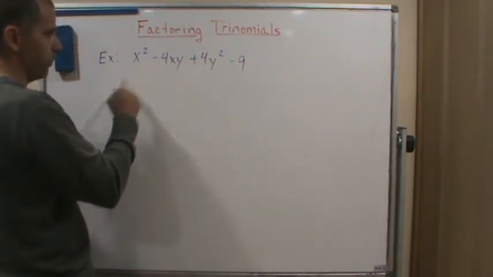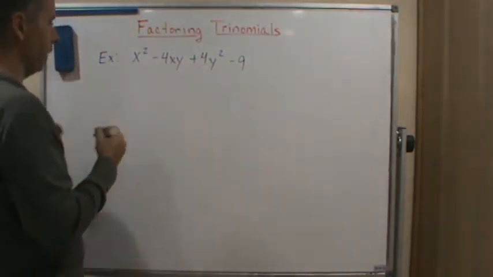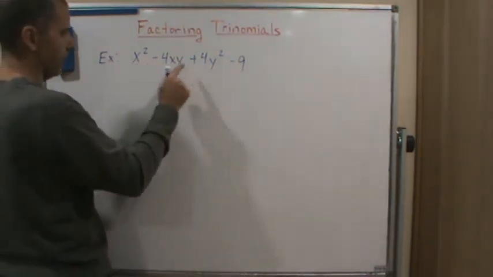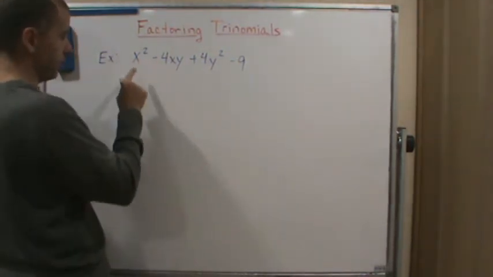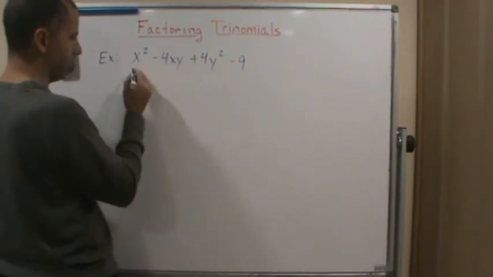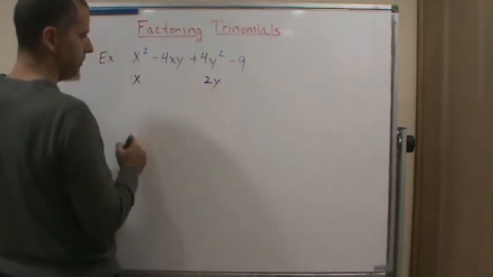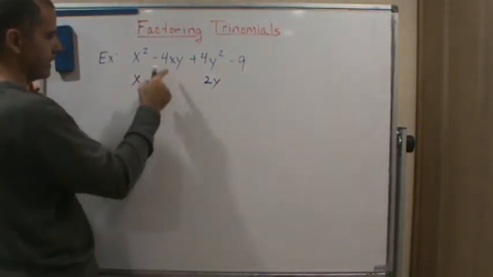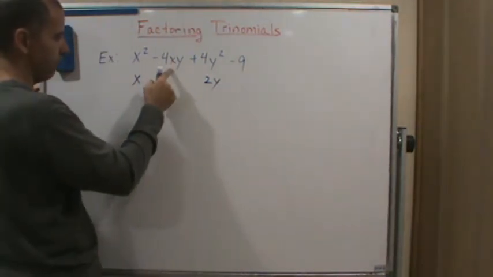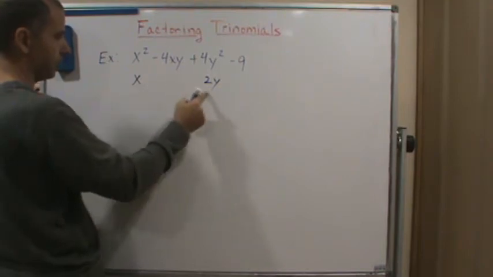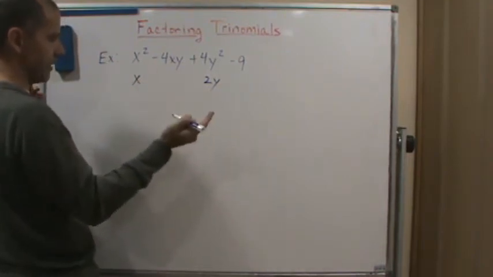So remember, also, the other thing is, look, there's the other way to do it. This is a perfect square, this is a perfect square. So this gives you x, this gives you 2y. Is this double the product of these two? And the answer is yes.